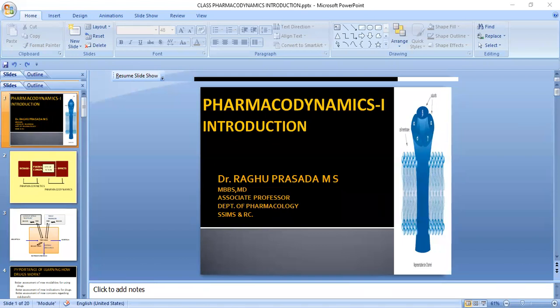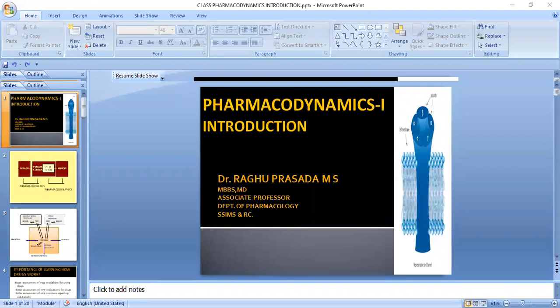And here, as we go on increasing the concentration of the agonist against the antagonist, the same amount of response will be there, but at a higher concentration.